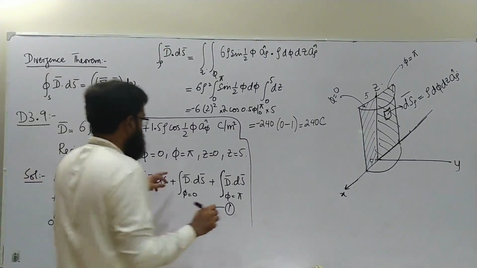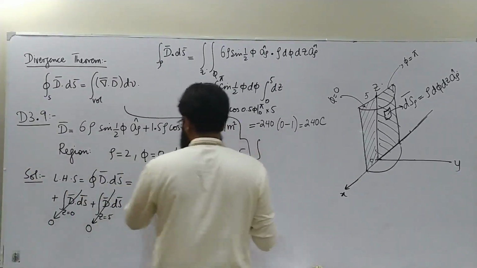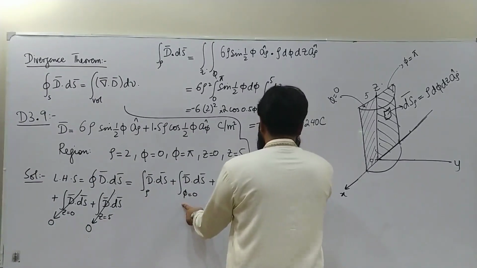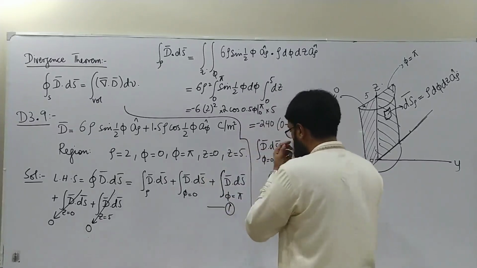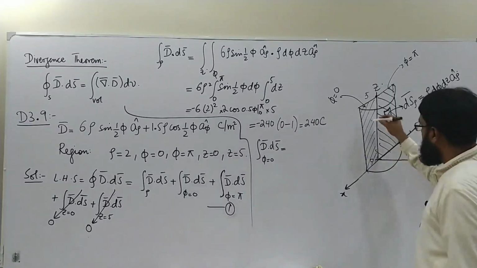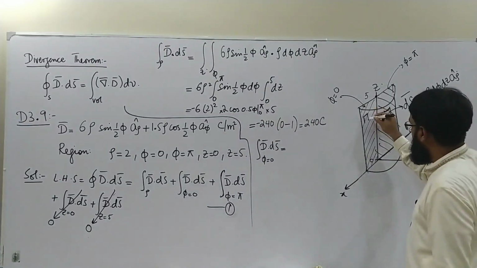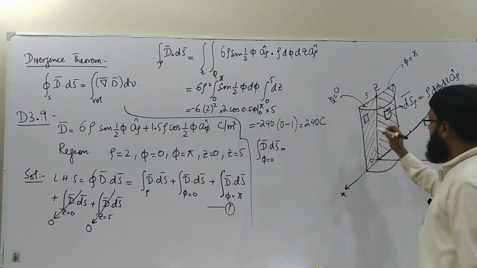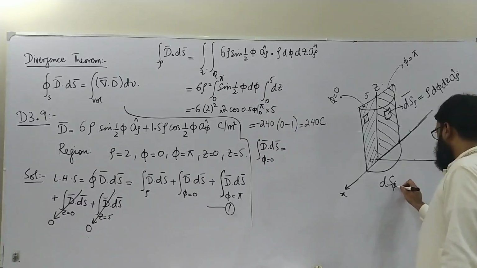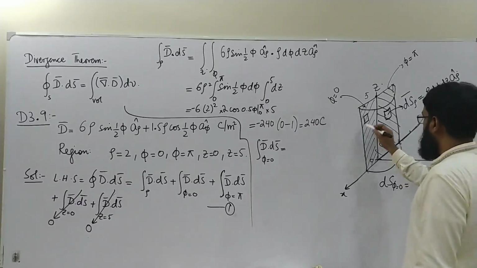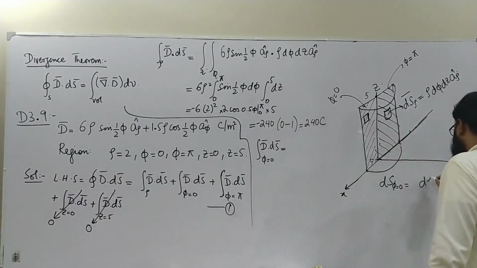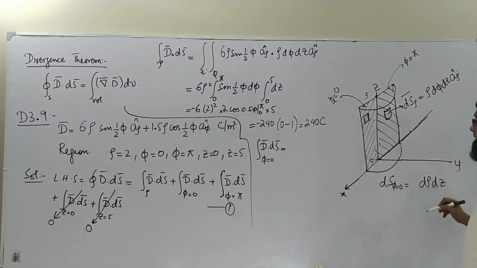Anyway, for the second, where phi is 0, d dot ds, we are interested in this patch on phi equals to 0. The formula for this patch, ds for phi equals 0, is: this length is d rho, this length is dz, so d rho dz.